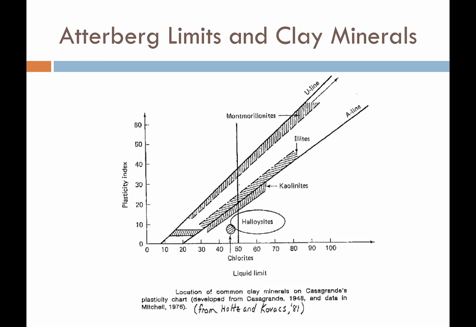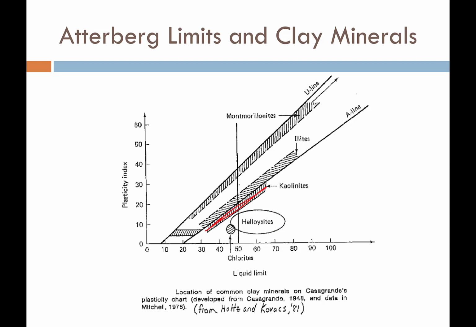In terms of Atterberg limits and these different clay minerals, Holtz and Kovacs showed us, they plotted data from Casagrande and also from Jim Mitchell from 1976 that showed where these different clay minerals tend to plot on Casagrande's plasticity chart. So halloysites kind of hang out in this region.